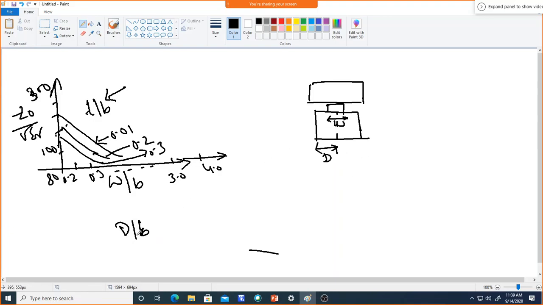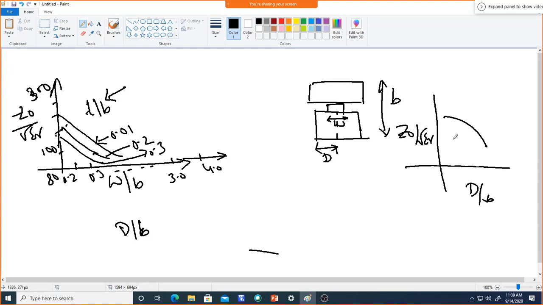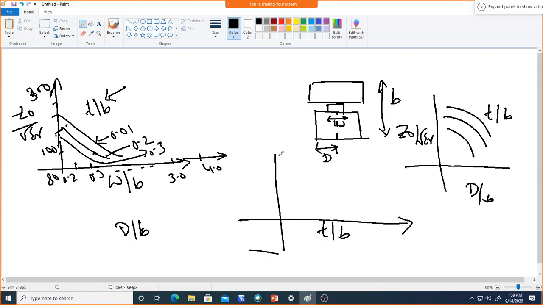So D with respect to the height of the substrate B, if you vary it, the characteristic impedance Z0 by root epsilon R curves will drop like this for a particular T by B. Similarly you can see the characteristic impedance variation with respect to D, and we have also seen W by B and D by B. Even T by B you can see with respect to Z naught, that is Z naught by root epsilon r and T by B.